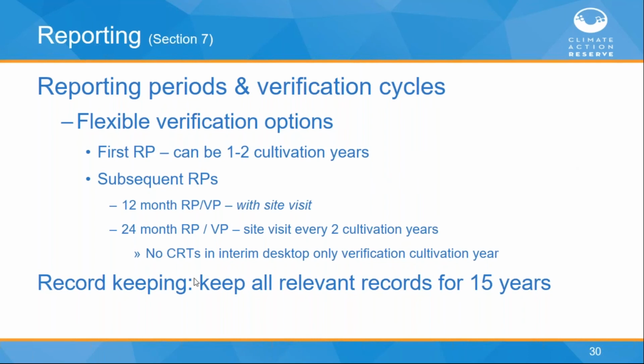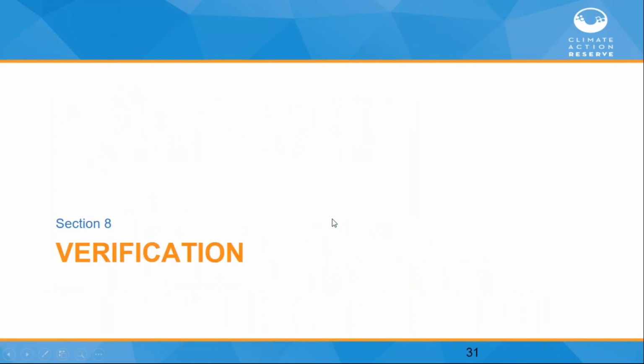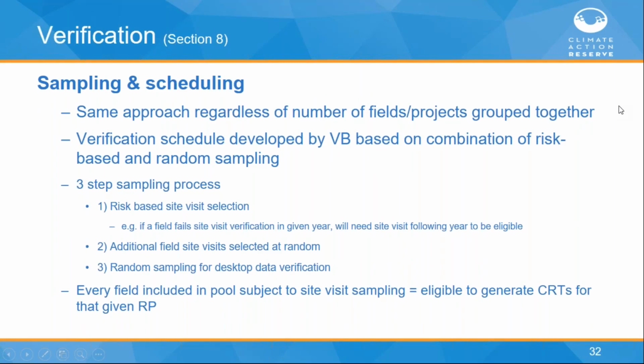There is a desktop review component to it all, and then, as we get into on the next slide, as this ties into the verification, the verifiers will conduct a risk-based and random sampling approach to determine which fields might need to be visited for a site visit.